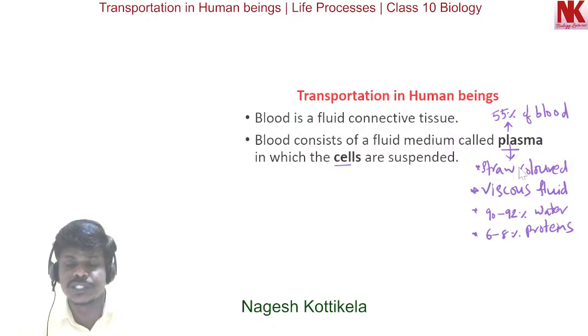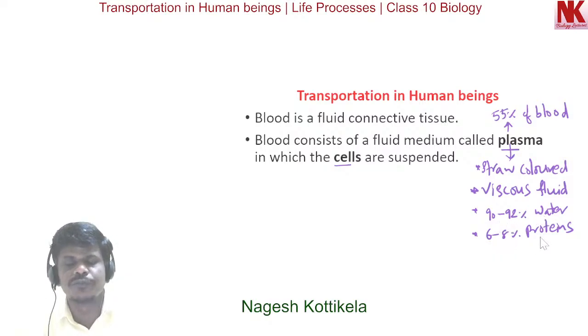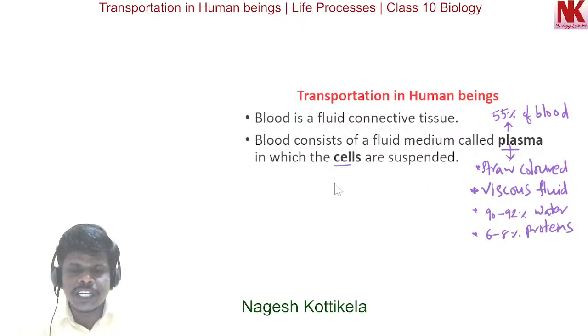I repeat this once again. Plasma is a straw colored viscous fluid, it is 55% of blood, and it has 90 to 92% water and 6 to 8% proteins.